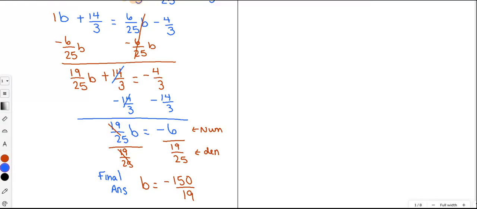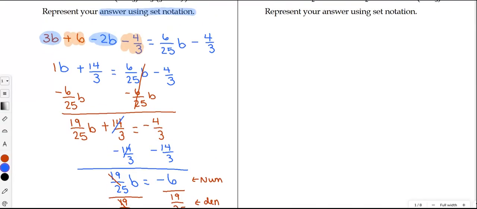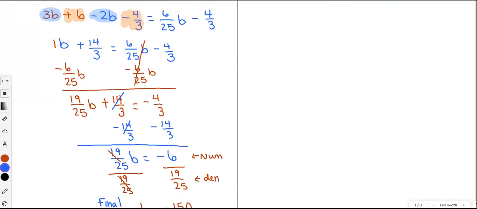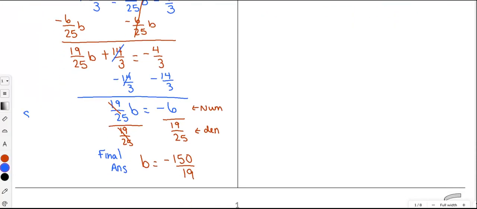We want to represent this answer using set notation, it says. So I need to do one more thing. Set notation. I love set notation when I'm solving.